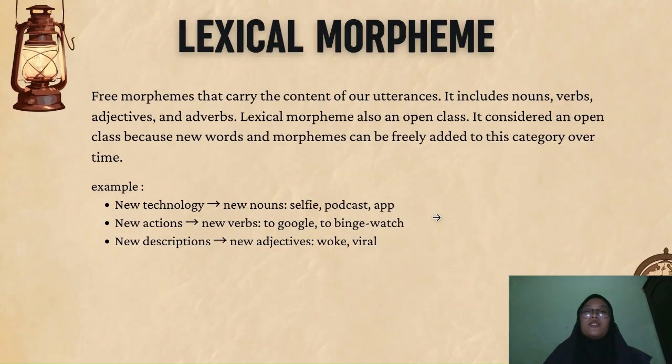Lexical morpheme is also an open class because new words and morphemes can be freely added to this category over time. The examples, like in our new technology, there are selfie, podcasts, and app. And in our new actions, there are to Google, to binge watch, and new descriptions like woke or viral.